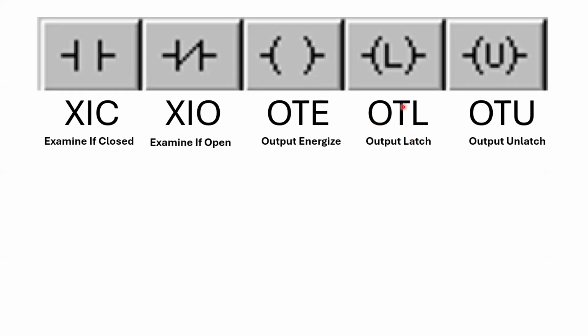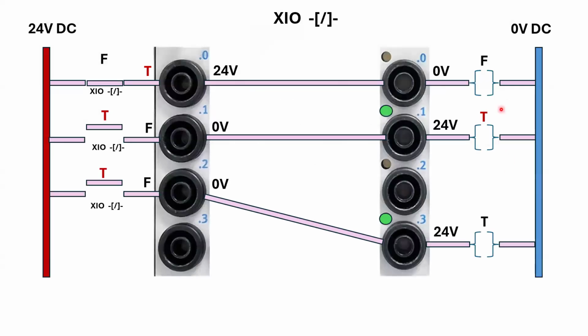Output latch. Output unlatch. So the difference between that is that if it's just an output energize, pressing that button or changing the state into the true question of whatever the instruction is asking, it's going to trigger the change of the output.